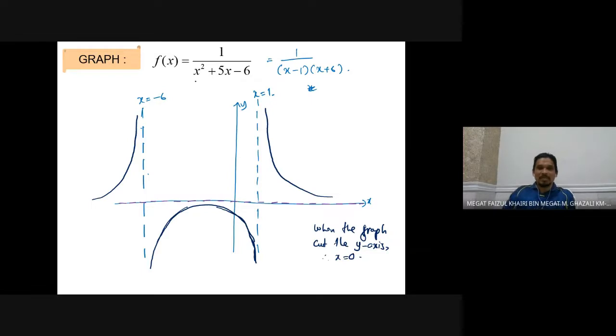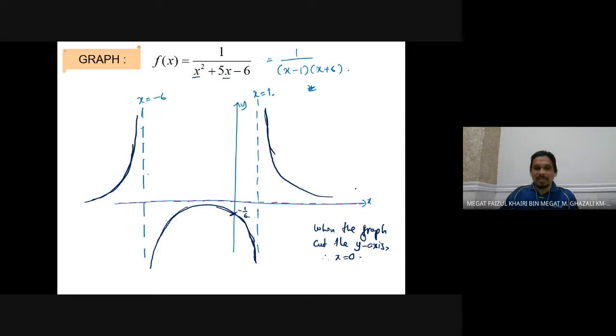So just imagine that x equal to 0 here, what will we get then? 1 over negative 6. So this is the cutting point, where the value of y is negative 1 over 6. Okay, so this is how the graph looks like. Look at this one here, and also this one here.